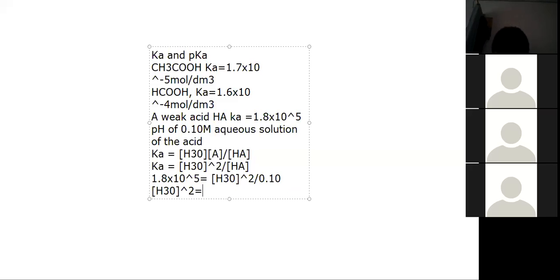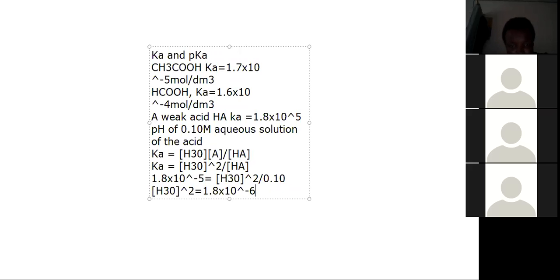Sorry, it's raised to the power minus 5. So we'll do the calculations well. So I'm going to get 1.8 times 10 to the power minus 6, right?